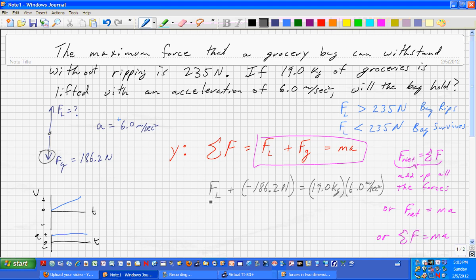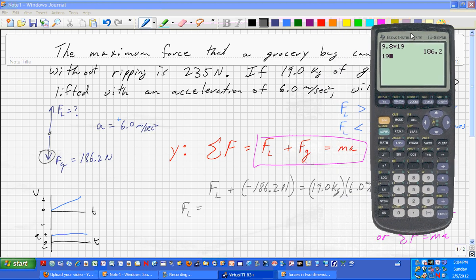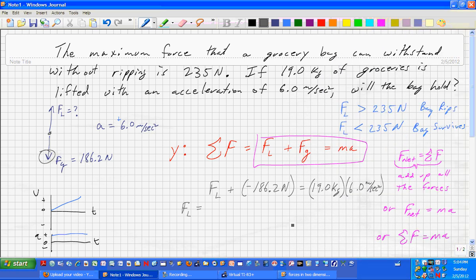Great. So at this point, I've got force of lift is going to be equal to, let's figure this out, 19 times 6 is equal to 114.